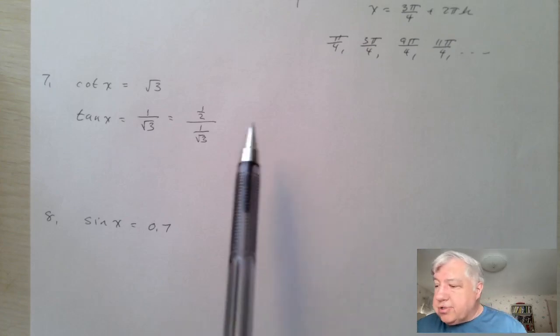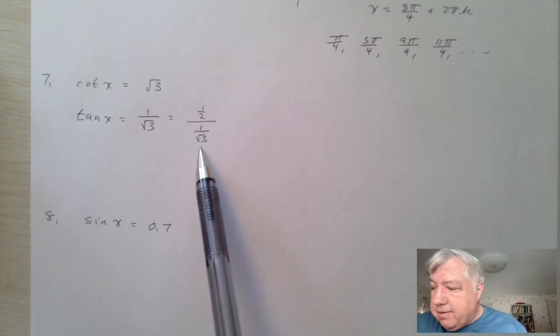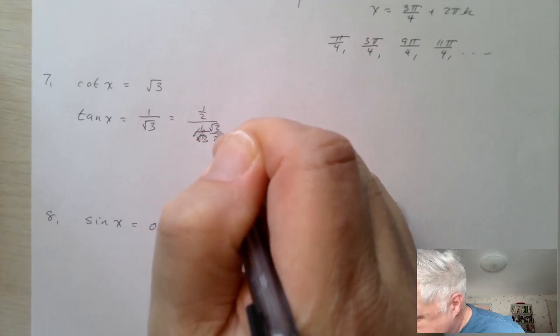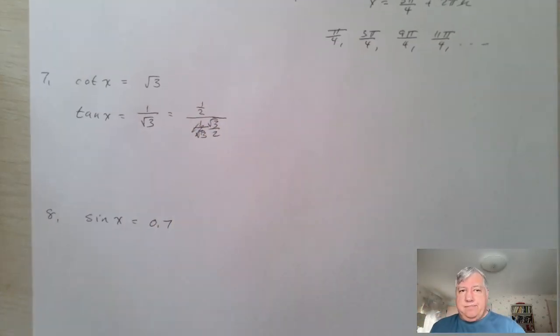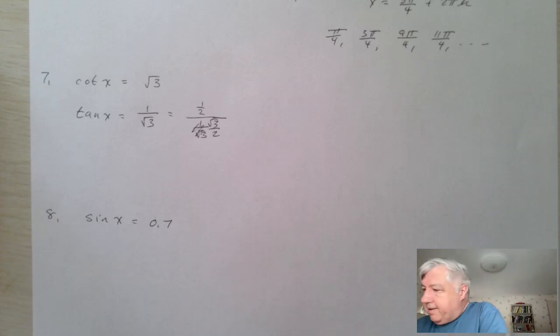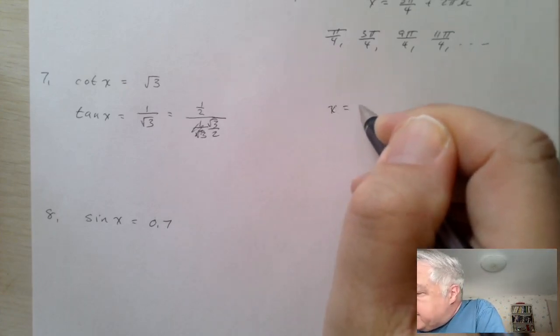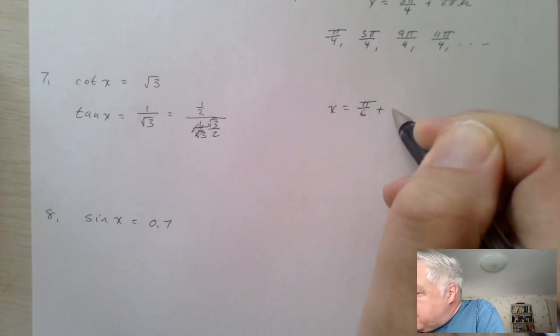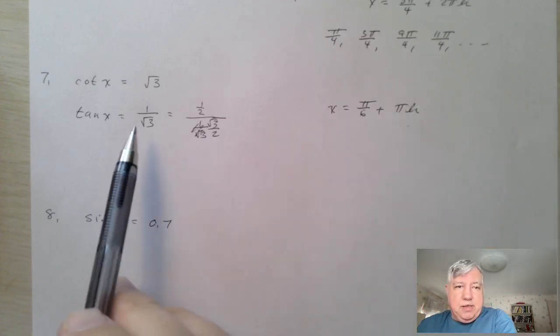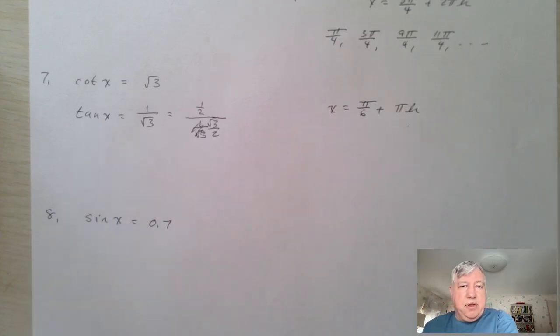The angle whose sine is 1/2 and whose cosine is square root 3 over 2 is pi over 6, right? So this is just going to be x equals pi over 6 plus pi k. I'm going to use the pi k again because this is tangent and the tangent has period pi.